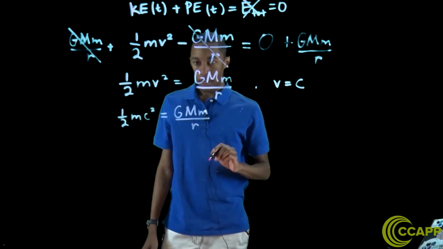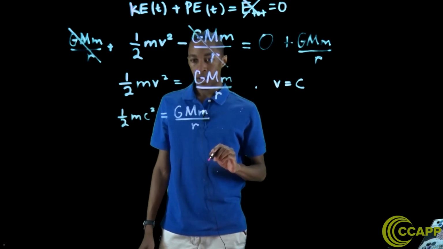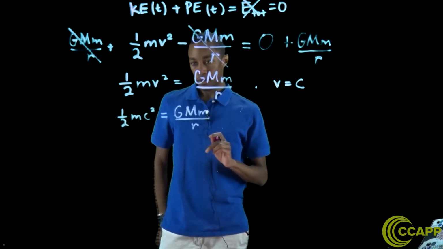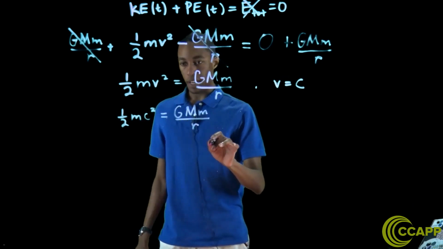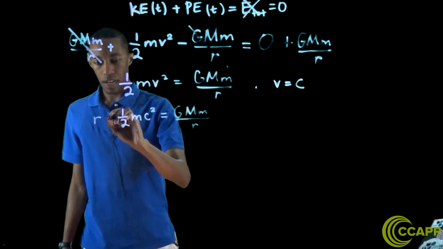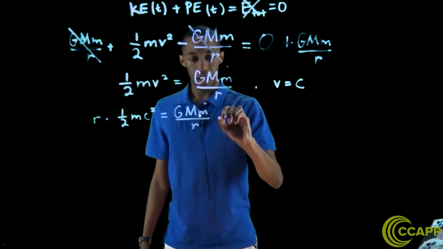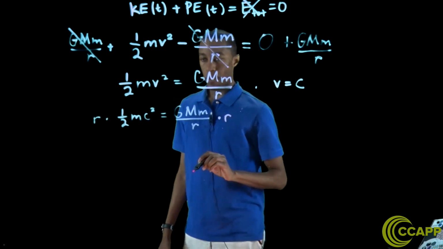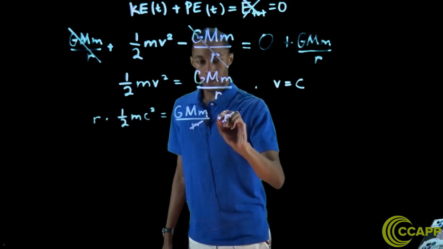All right. Now I would like to solve for r. The first step I will take is to just multiply both sides by r. So on the left-hand side, we're going to have r times this, and on the right-hand side, we're going to have this times r, so that the r's will cancel with each other.